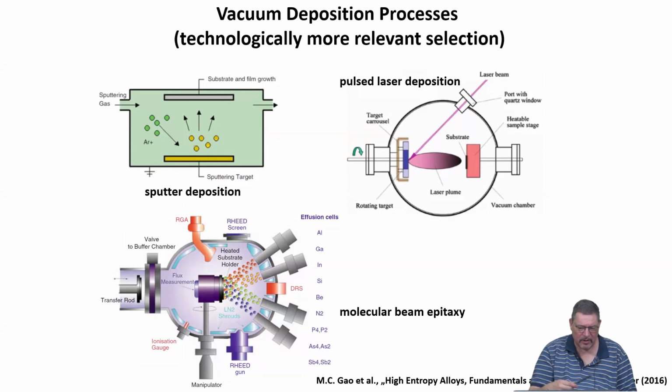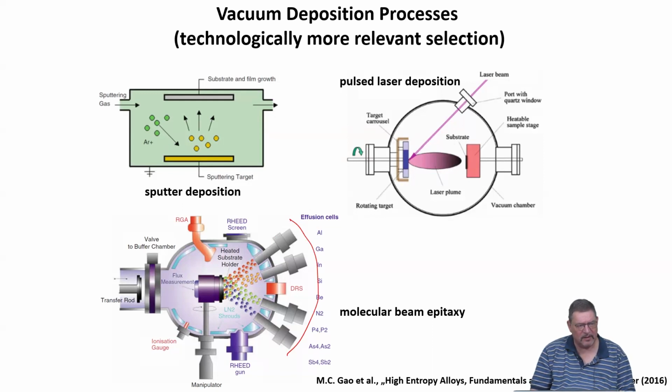You can also use pulsed laser deposition by again using a laser to evaporate from a target and then deposit on the substrate. Or you could thermally evaporate different materials in these diffusion cells, Knudsen cells, and then basically have a small pinhole so that you can direct a beam onto a substrate, and then depending on how many sources you have, you basically can mix different alloys.